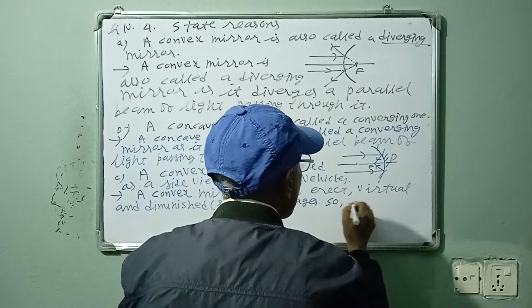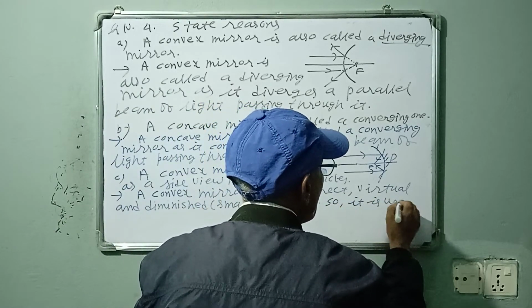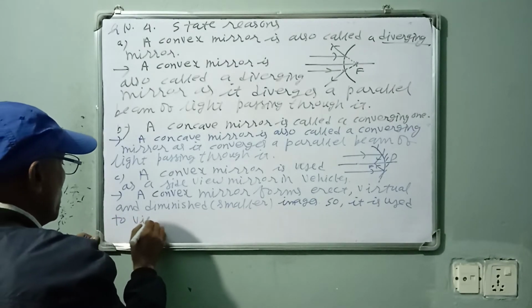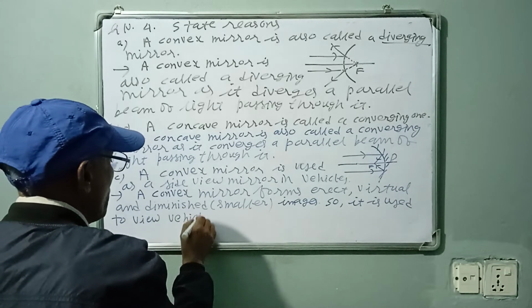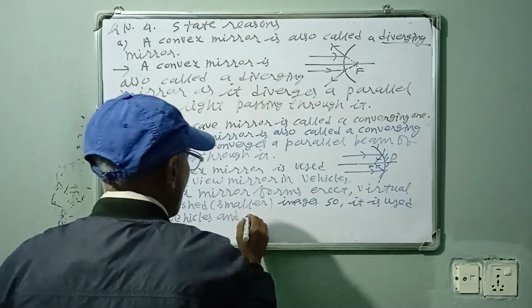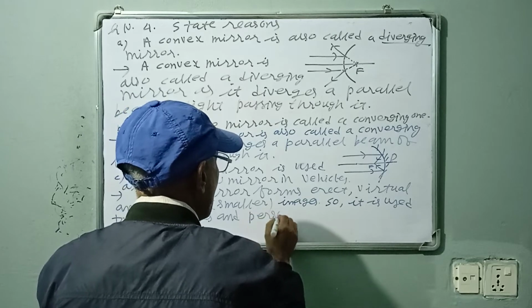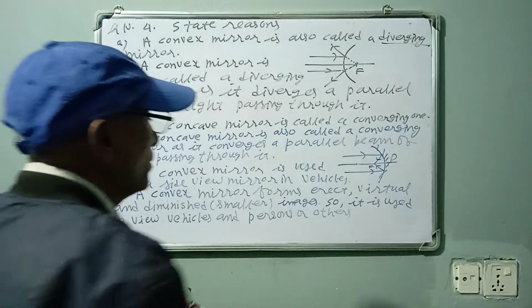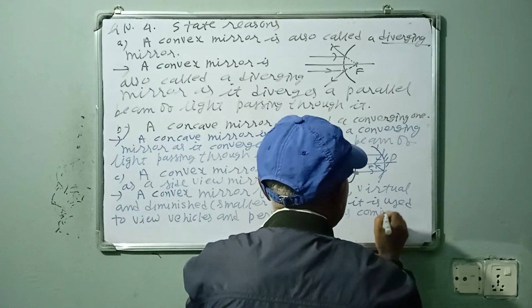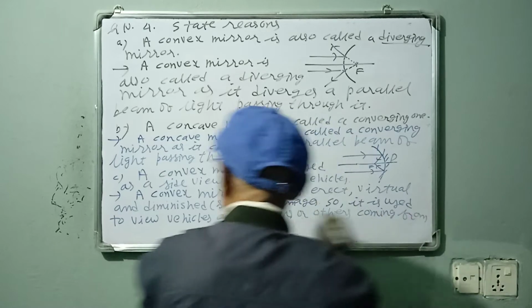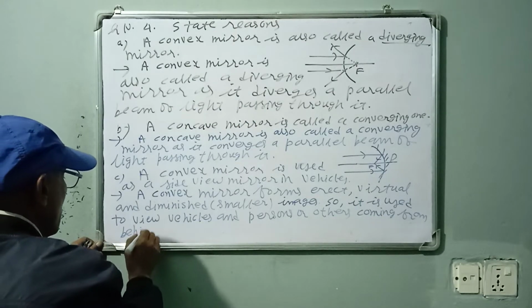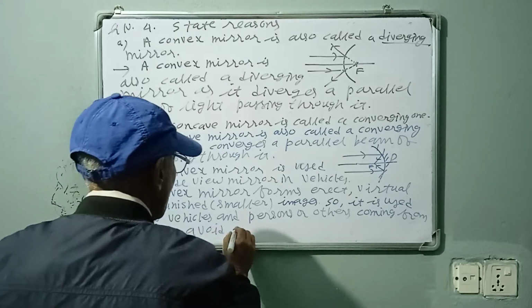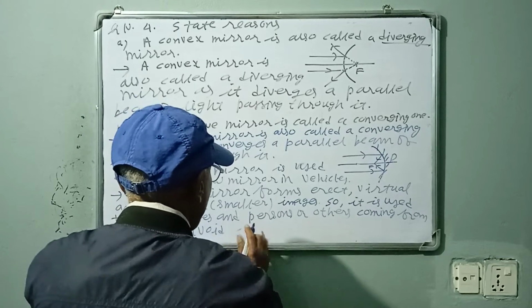So it is used to view vehicles and persons, especially persons or others, and some animals coming from behind, especially to avoid possible accidents.